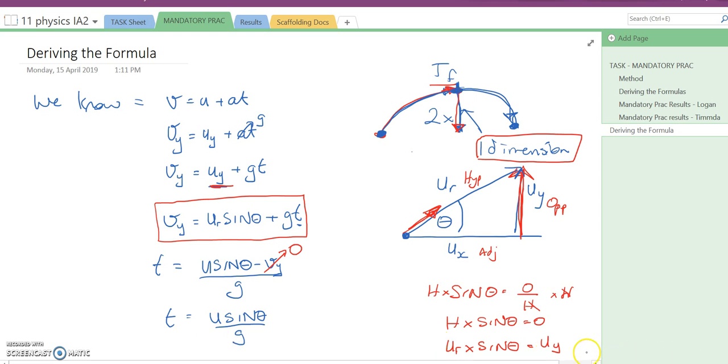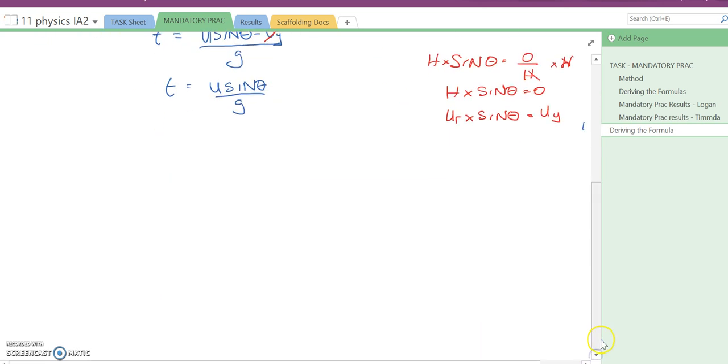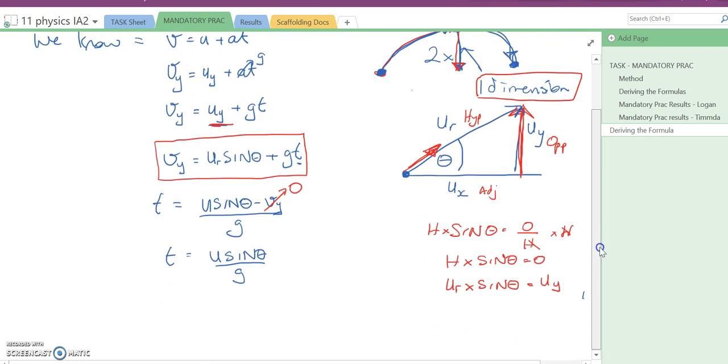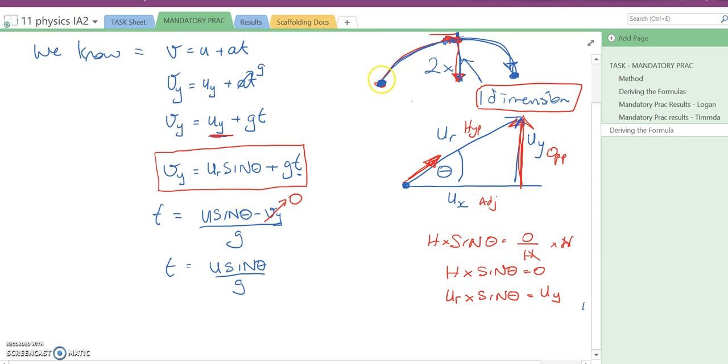Okay, and so what can we do with that? Well, we still can't do exactly what we want, but we're getting closer. If that is the time it takes to get from the top to the bottom, or from the bottom to the top, we actually want twice that, don't we? We want to multiply this by 2 as well.